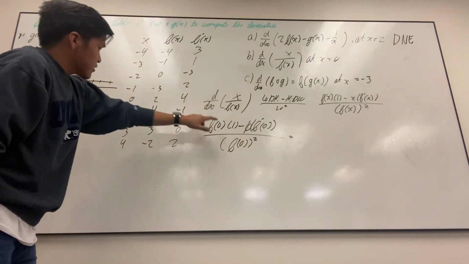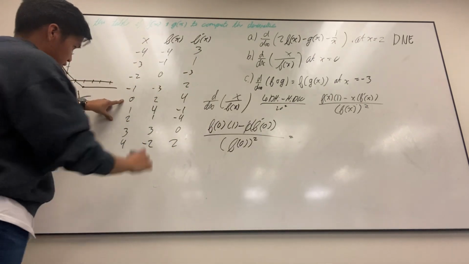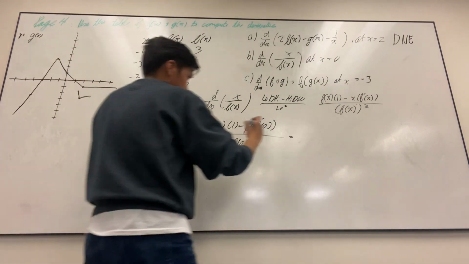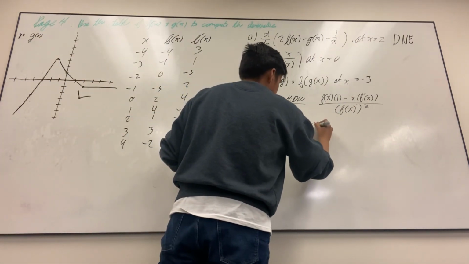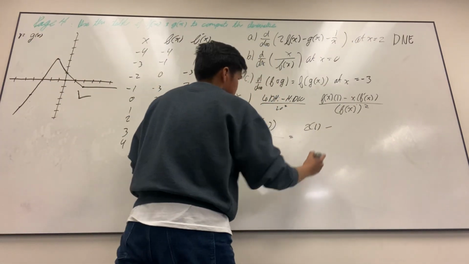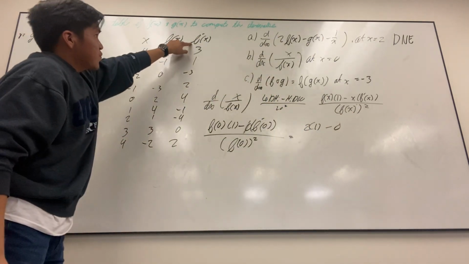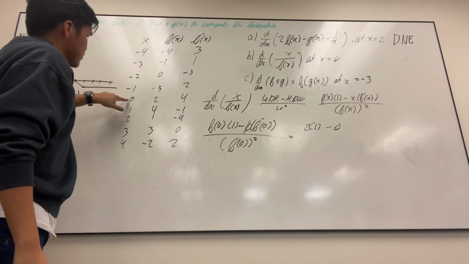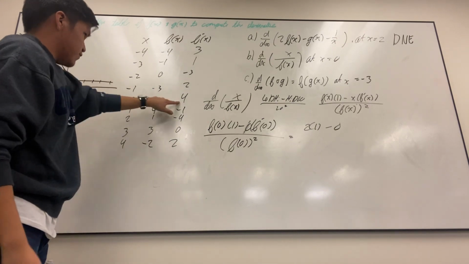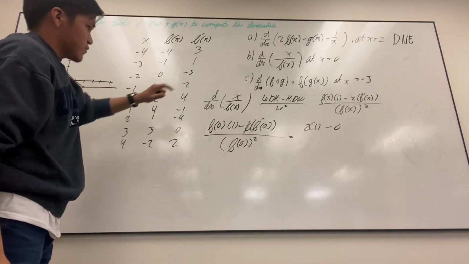So at x equals 0 for f of x, we have 2. So 2 times 1 minus 0 times, so at 0 again, we look at the f prime of x. So f prime of 0 is 4.